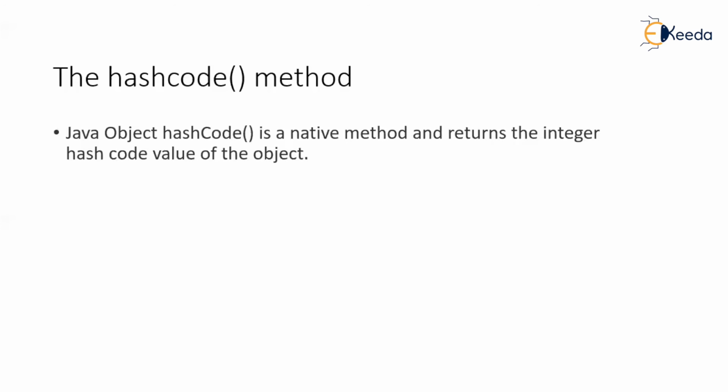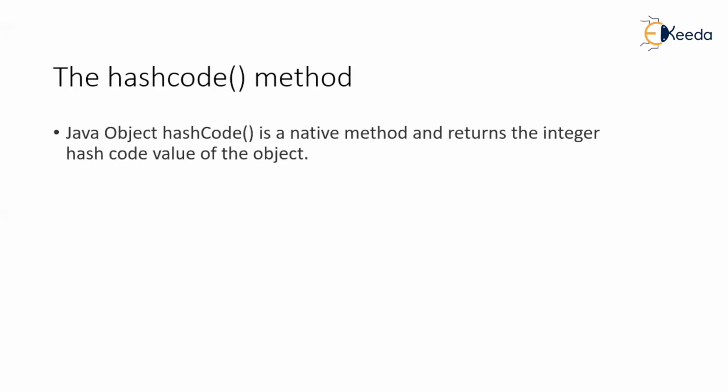If two objects which we are comparing are equal according to the equals method, that means their hashCode must also be the same.